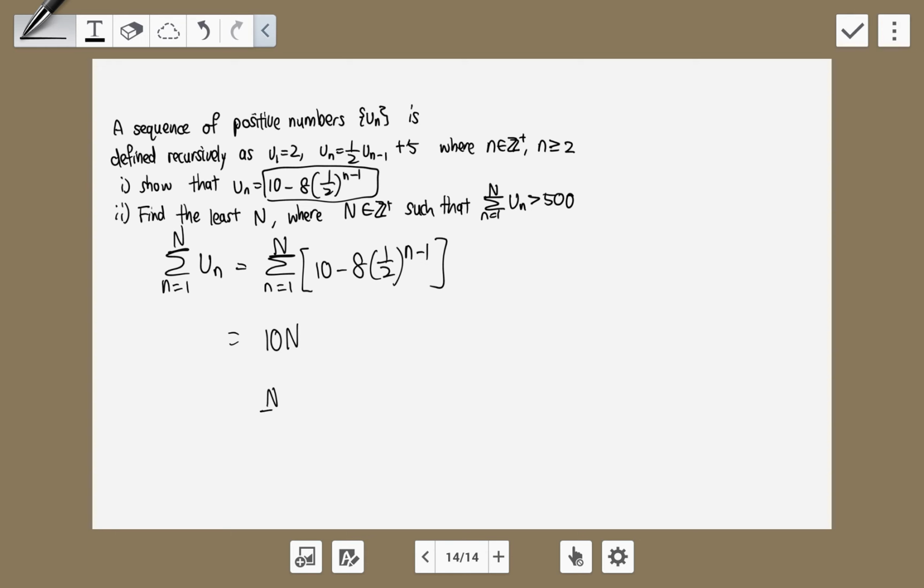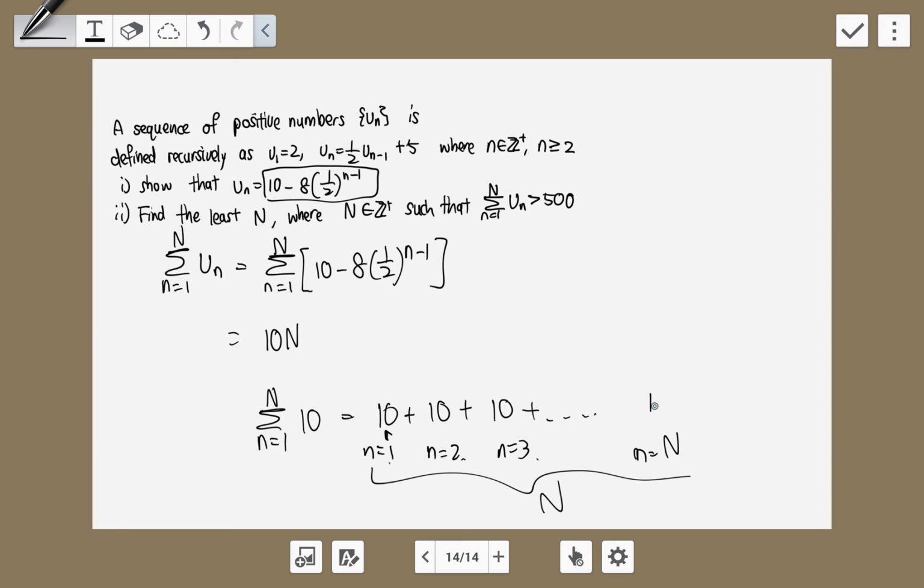Imagine you have this: when n equals 1, plus, when n equals 2 it is still 10, when n equals 3 it is still 10. When you add them up, how many terms will there be? When you reach n equals n, you count 1, 2, 3, 4 all the way to n. So there are altogether n terms, correct? n of the 10 is 10n.